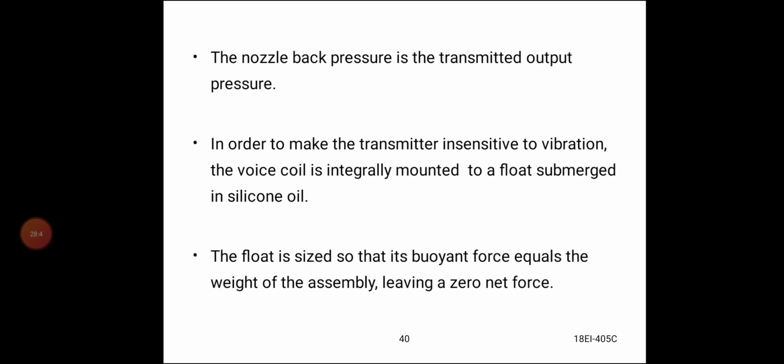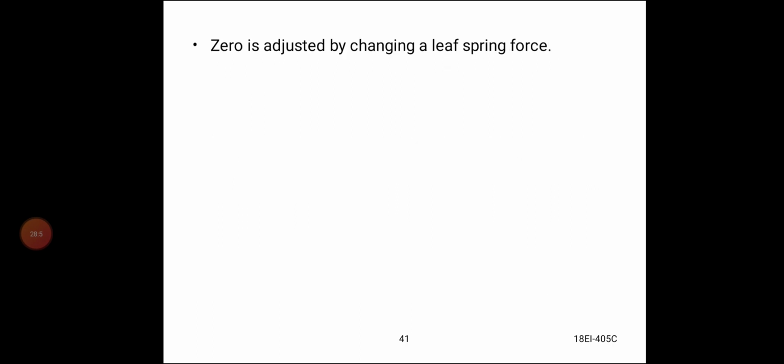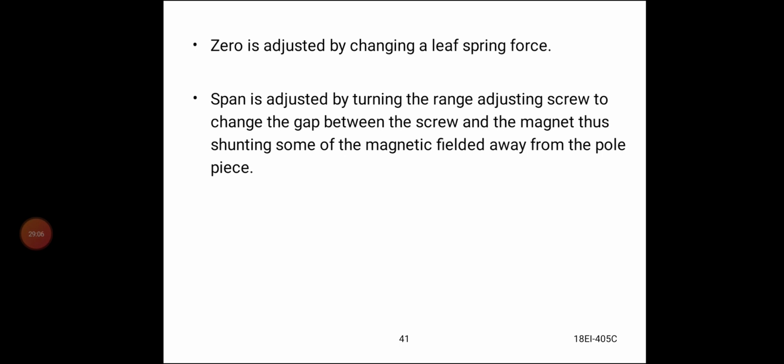The float is sized so that its buoyant force equals the weight of the assembly, leaving a zero net force. Zero is adjusted by changing the leaf spring force. Span is adjusted by turning the range adjusting screw to change the gap between the screw and the magnet, thus shunting some of the magnetic field away from the pole piece.